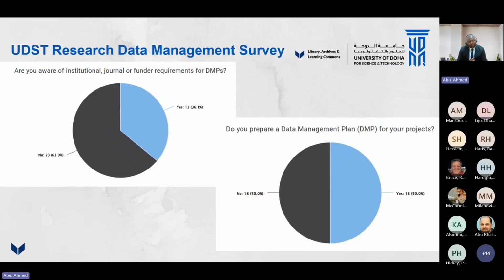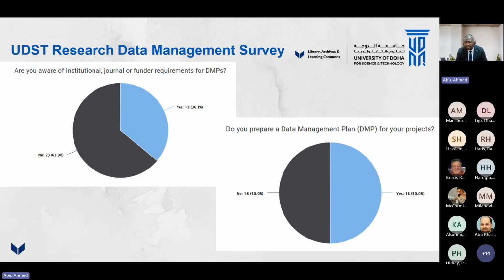Now, this is the data management survey we did months ago. You may recall that some months ago, a survey was sent out to assess the level of data management practice on the campus. It might interest you that the findings reveal that over 60% of the respondents are not aware of DMP, which is quite strange.